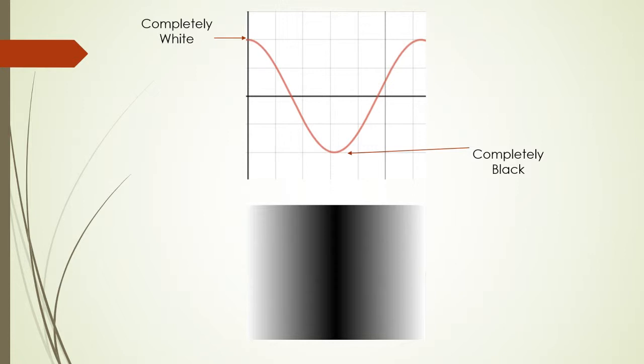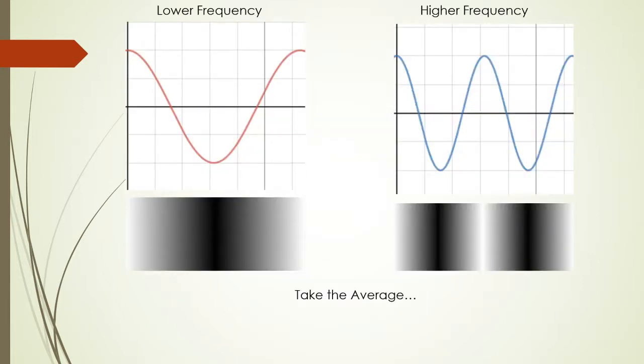Of course, there's more than just one type of cosine wave. You have cosine waves with varying frequencies. The cosine wave on the left was the one that we saw earlier with a lower frequency, and the one on the right is a cosine wave with a higher frequency.